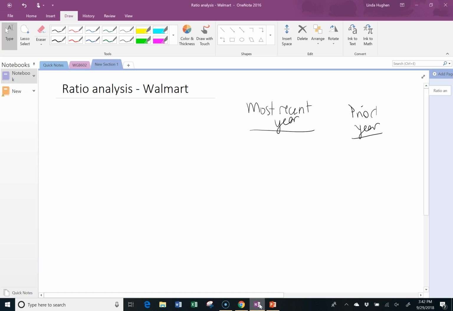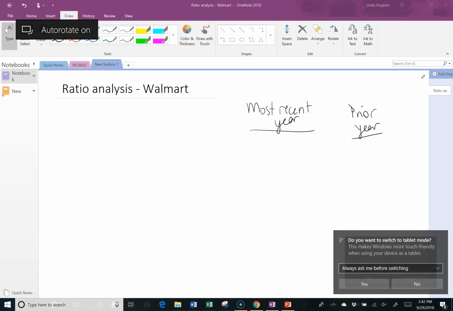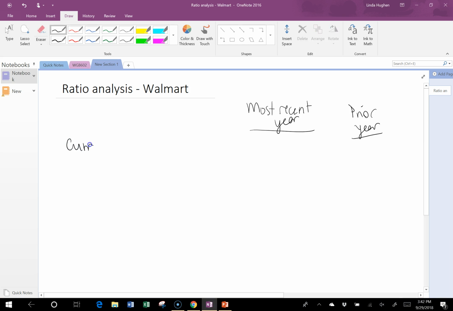So again, the first ratio that I'm going to work through is the current ratio. And the current ratio, remember, is current assets divided by current liabilities.